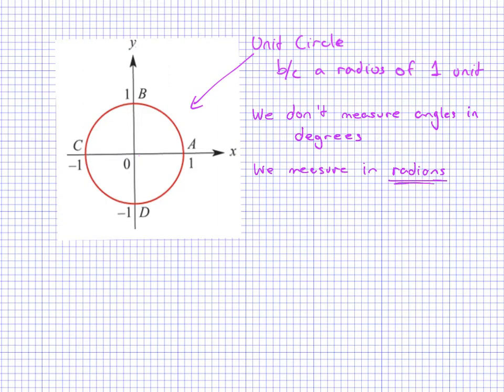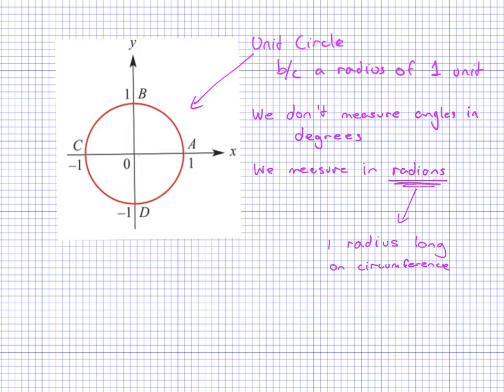And radians sound interesting, don't they? So first thing is a radian is 1 radius long, and specifically, 1 radius long along the circumference.